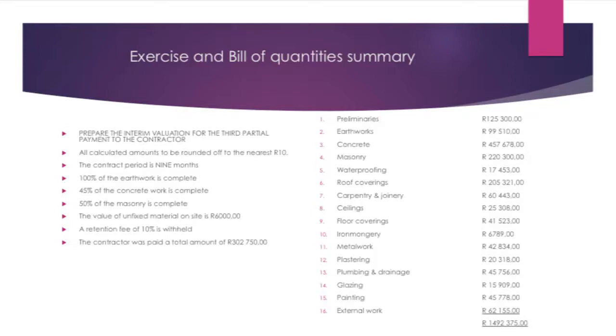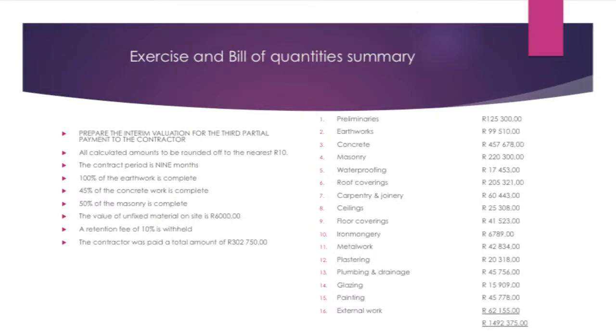Now we are preparing the third interim payment to the contractor. So we have to look at what is given on the bill of quantity summary. We are given the preliminaries with the amount as indicated here. We also have the earthworks, the concrete, the masonry, waterproofing, roof covering, and so on. You go down, there are up to 16 on the list.